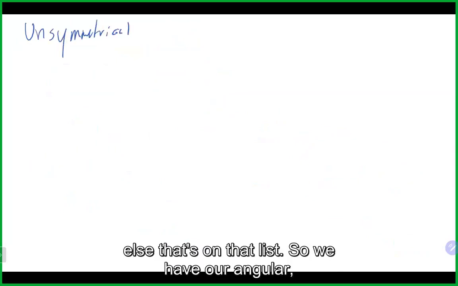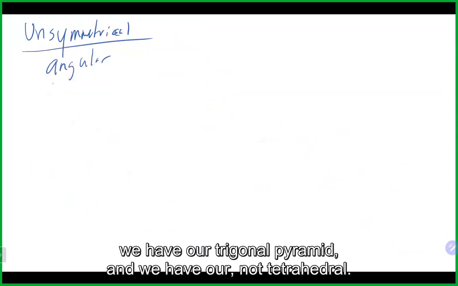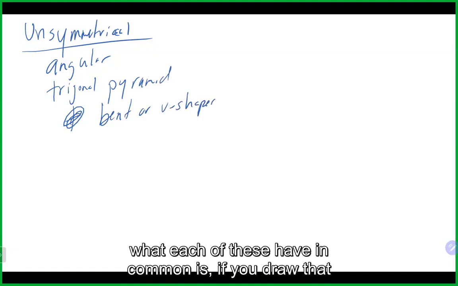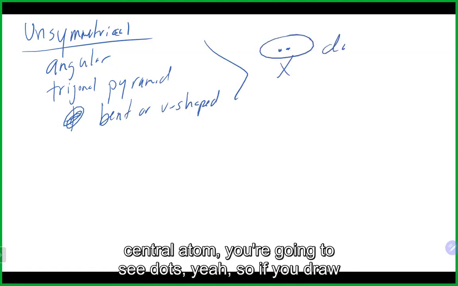And that's pretty much everybody else on that list. So we have our angular, we have our trigonal pyramid, and we have, not tetrahedral, the one I just did there, bent or V-shaped. What each of these have in common is, if you draw that central atom, you're going to see dots.